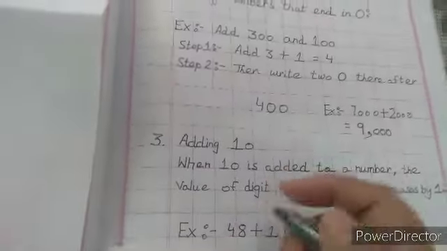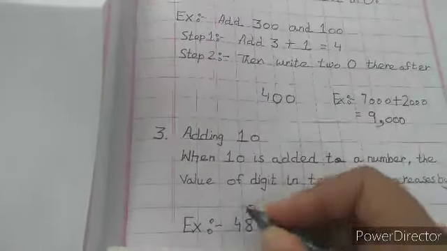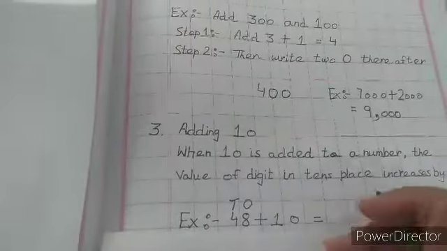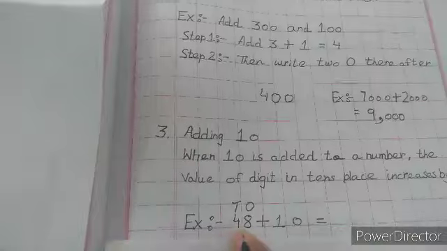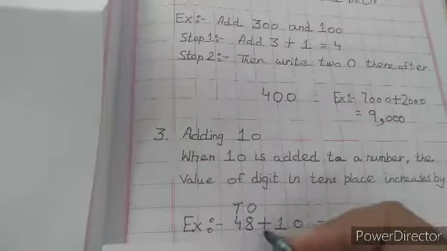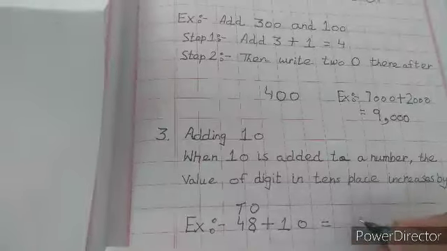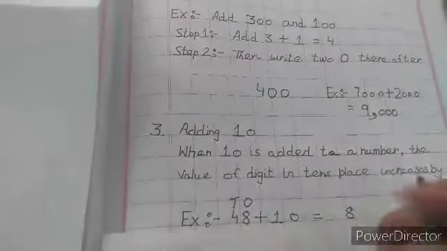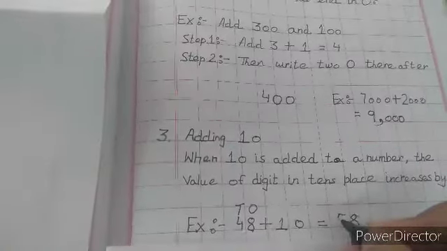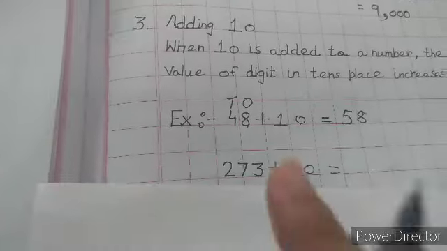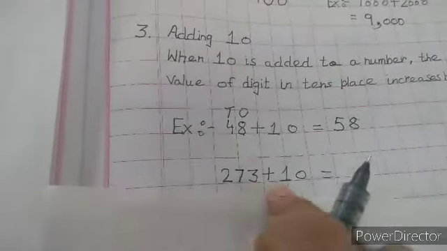This is ones and this is tens. This digit will increase. 8 plus 0 will remain 8, and the tens digit will increase by 1. So this becomes 58.